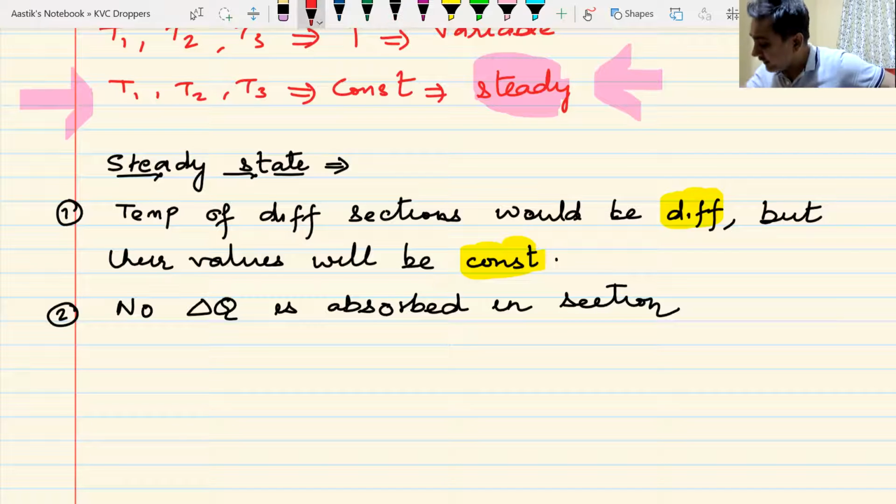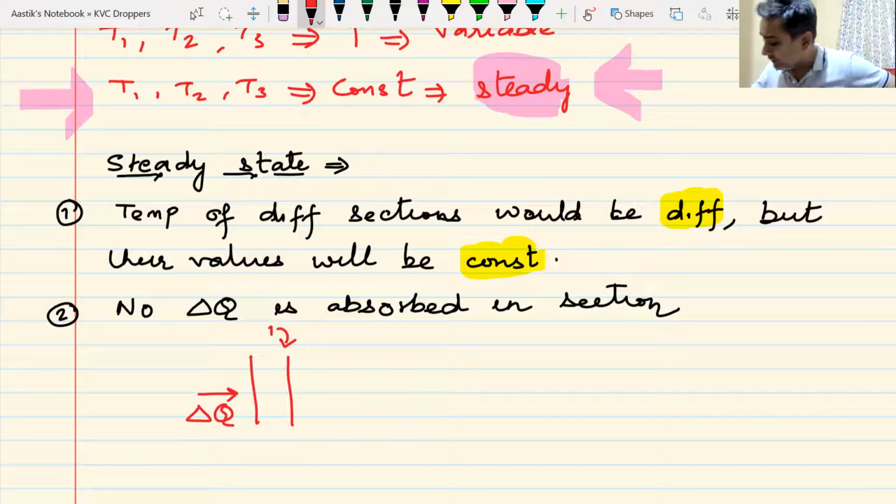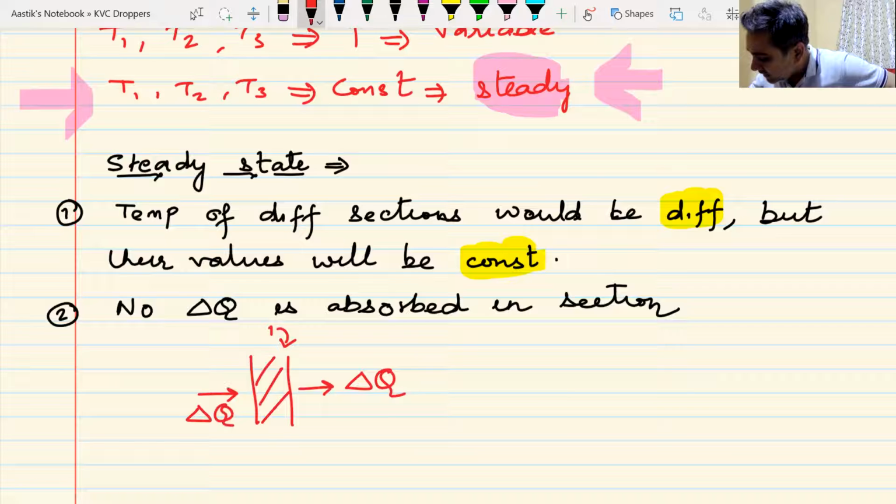If I draw a section here, section number 1, if I tell you delta Q amount of heat is entering this section, the same amount of heat will be leaving this section. Do we understand this?